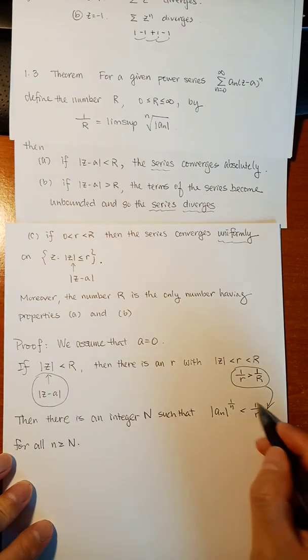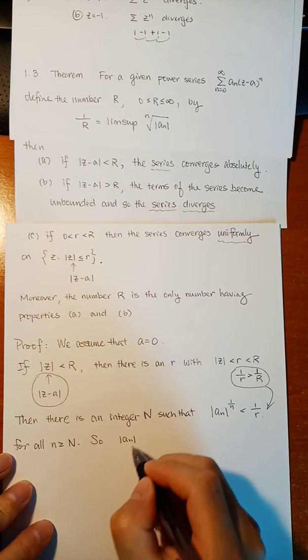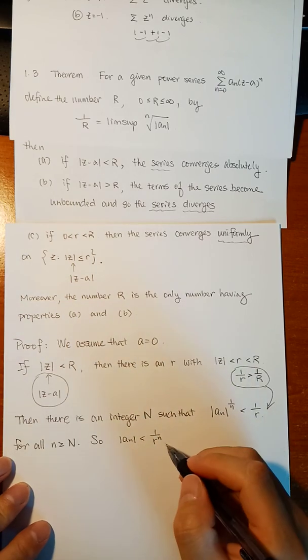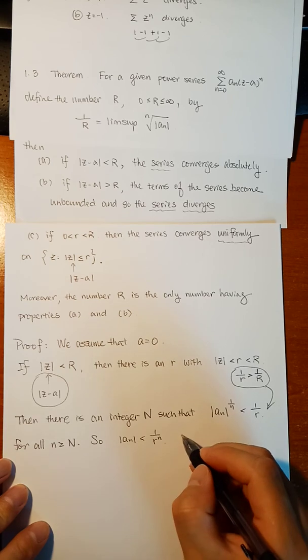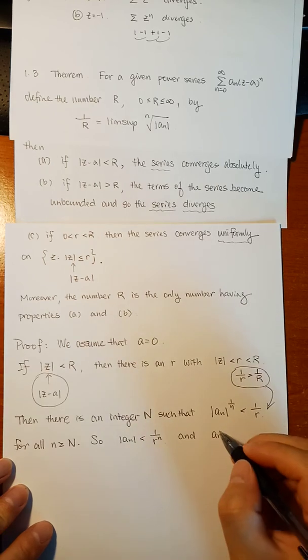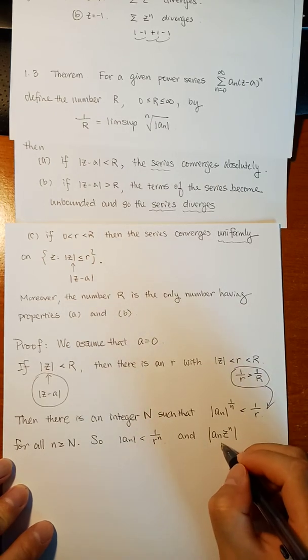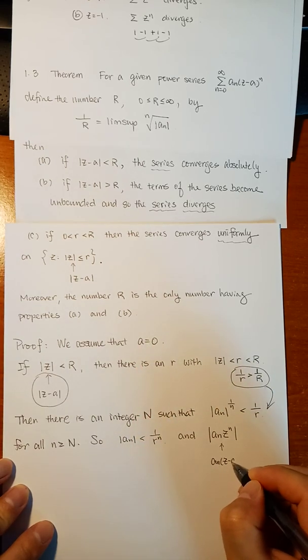And this will imply, from here it will imply, so absolute value of A sub n is less than 1 over r to the nth power. And A_n z to the nth power, absolute value, again, without this, it will be like this.